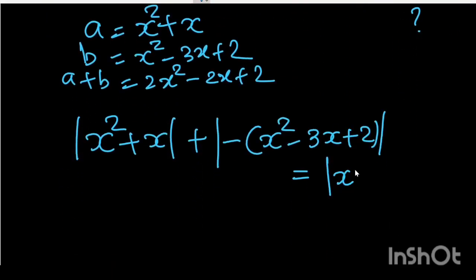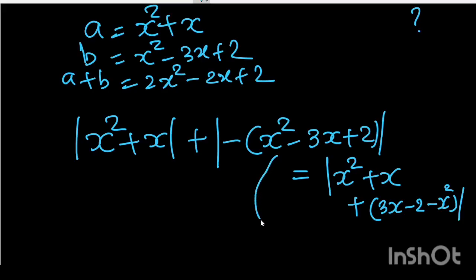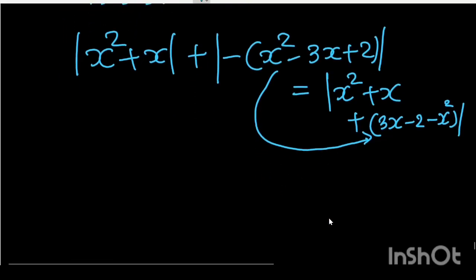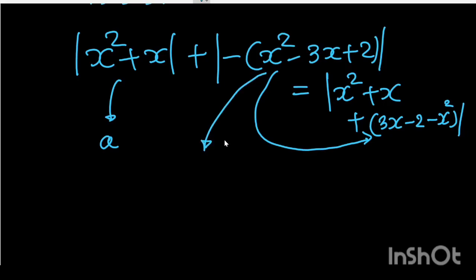Now you can see x square plus x plus 3x minus 2 minus x square. What I mean to say is, this a is okay, the b is not the same. B has to be minus times of this, so that it fits into mod a plus b on the right hand side.